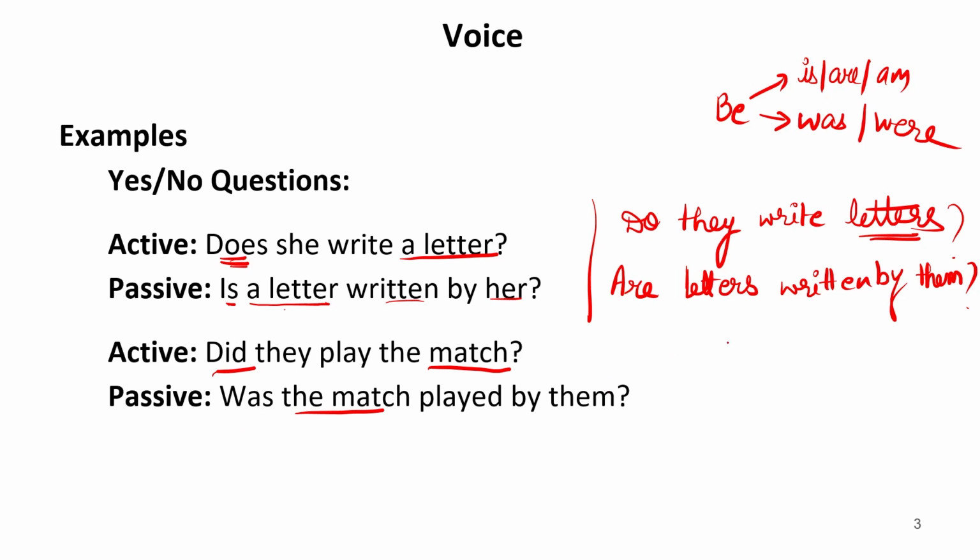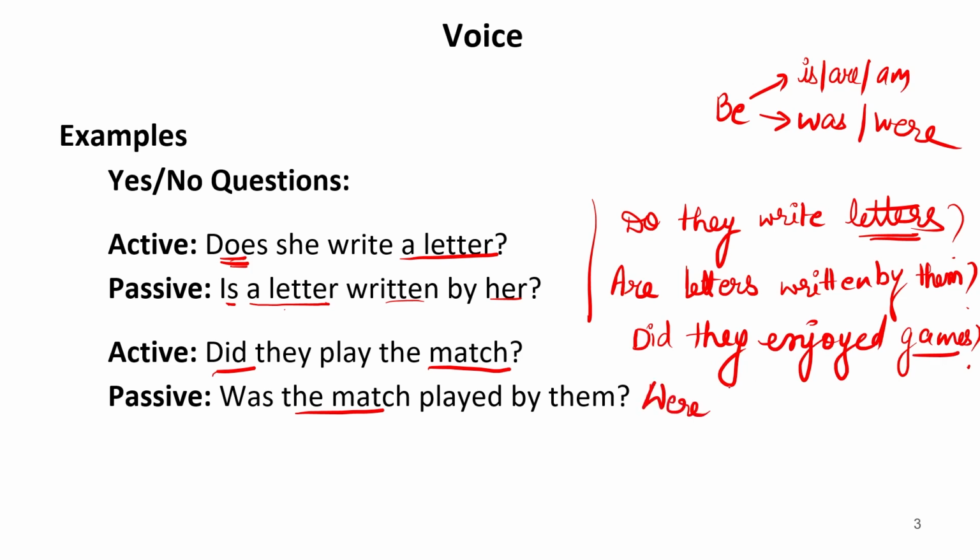Or if we have to write the plural form, for example, did they enjoy games? In this case we can use were, because games are plural: were games enjoyed by them?